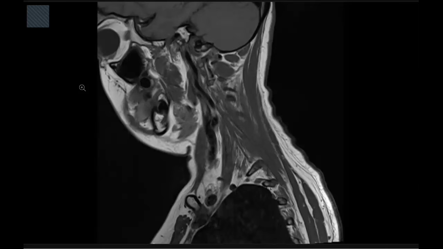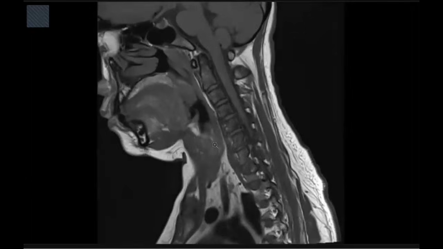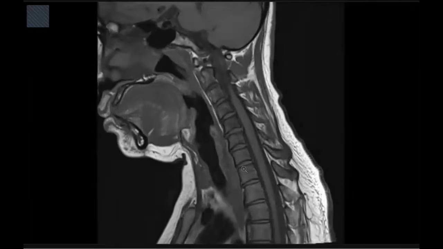Okay, this is a 35 year old female patient with persistent back pain. I'm presented with an MRI sagittal section of the cervical spine, T1 weighted images, of a middle-aged patient who presented with pain.